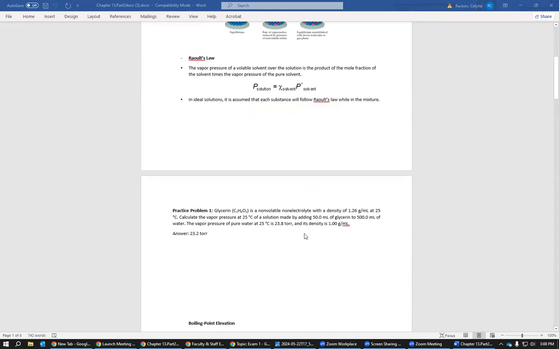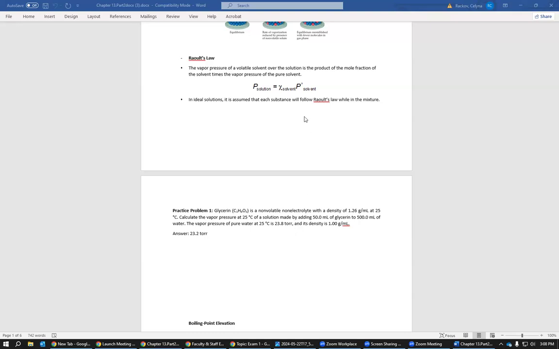Okay, so we have this practice problem, right? Glycerin is a volatile non-electrolyte with a density of 1.25 grams per milliliter at 25 degrees Celsius. Calculate the vapor pressure at 25 degrees Celsius of a solution made by adding 50 milliliters of glycerin to 500 milliliters of water, right? And the vapor pressure of the pure water is this one.